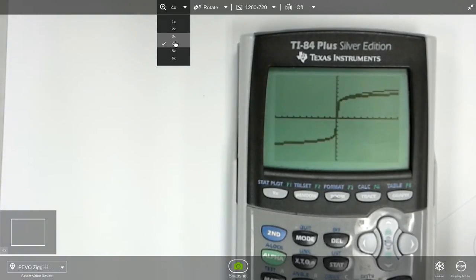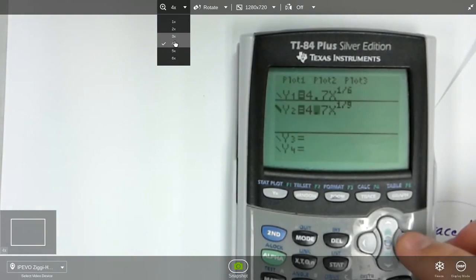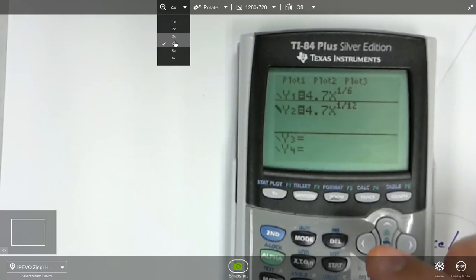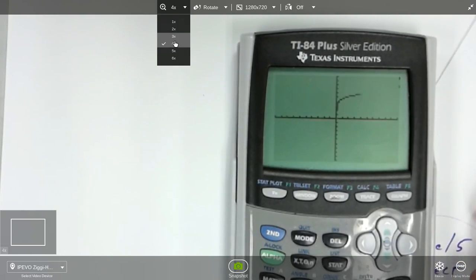But can I increase it some more and see what happens? Yeah, let's do it just for the heck of it. So we're going to come down here, and you want to do what? 1/12. Okay. And then graph and see what happens.